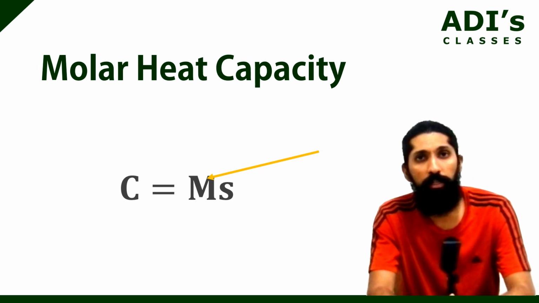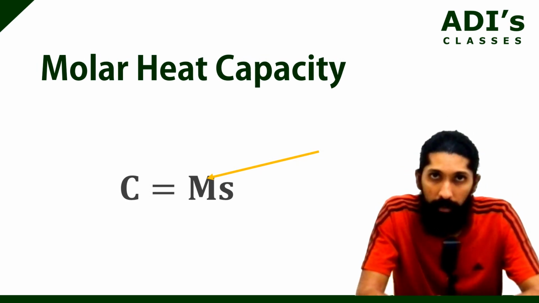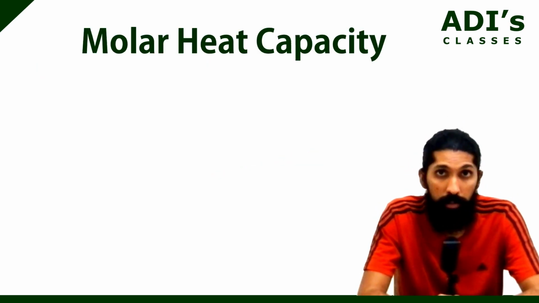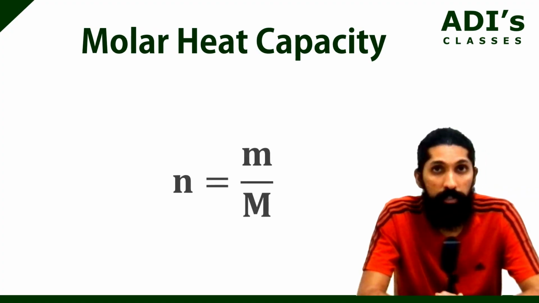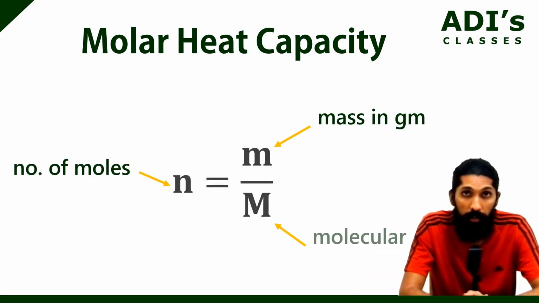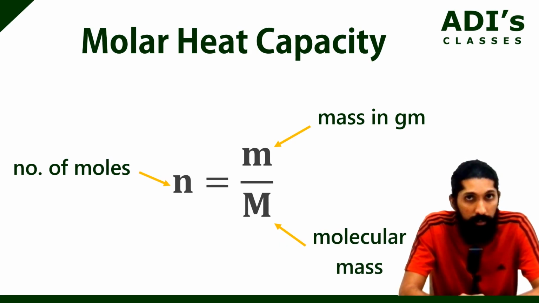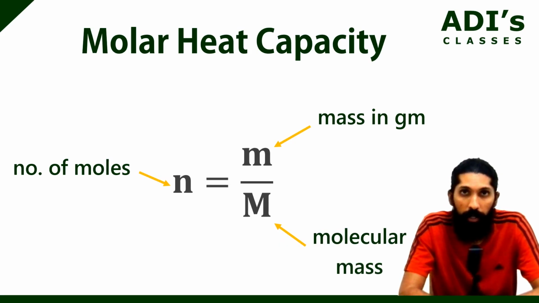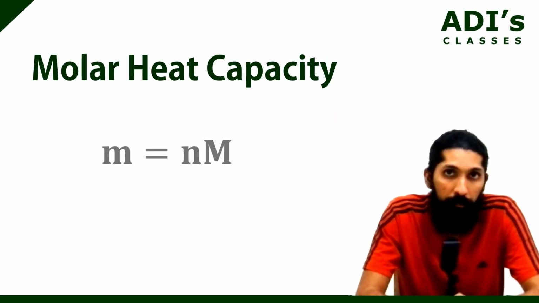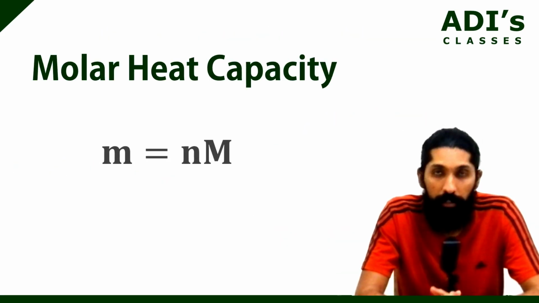Now we can write that N, the number of moles, is equal to the mass in grams divided by the molecular mass: N is equal to m divided by M. Then small m is equal to capital M into N, correct?